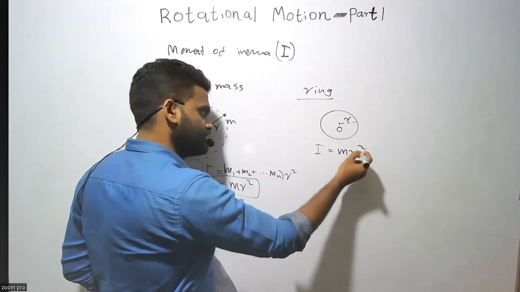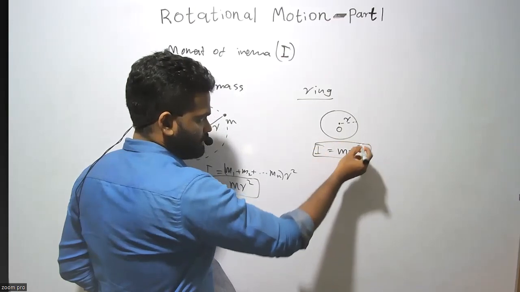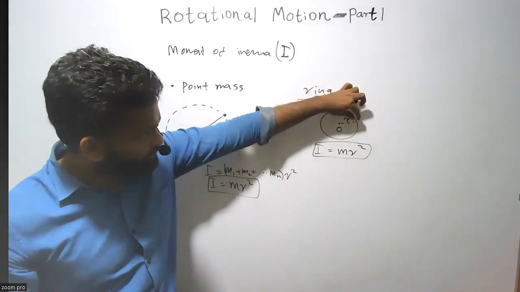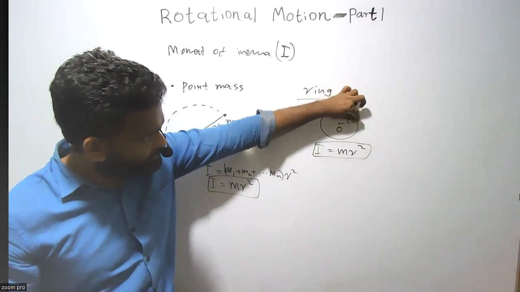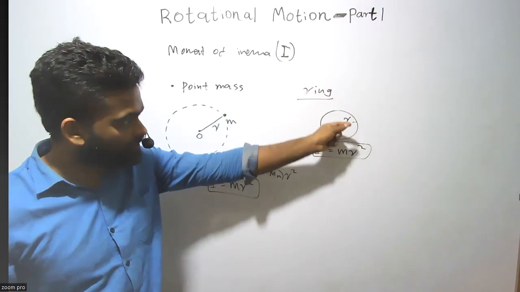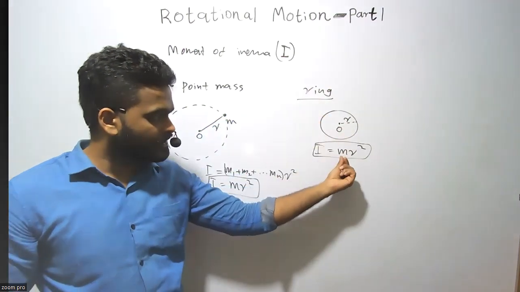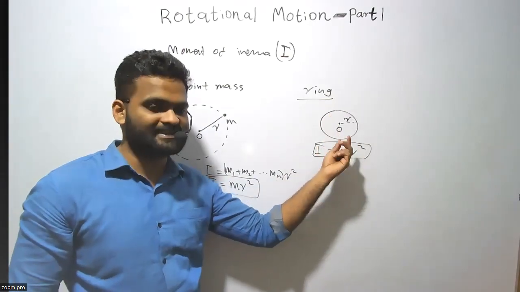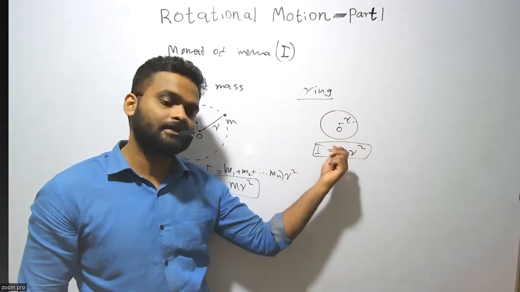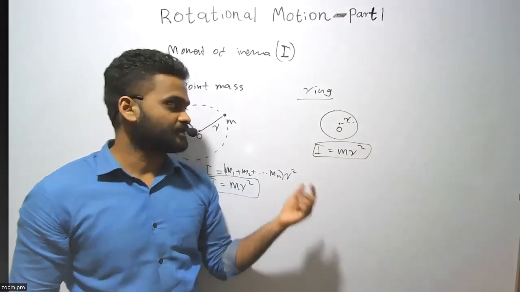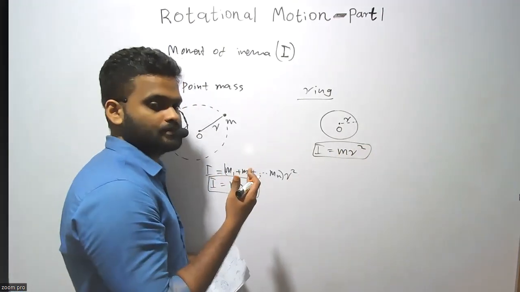For this one also, the moment of inertia should be mr squared, because you can separate into m1, m2, m3 like that, right? Then if you add all those, you get the mass of the ring times the distance, which for all the parts is r. So the moment of inertia is mr squared for the ring as well.